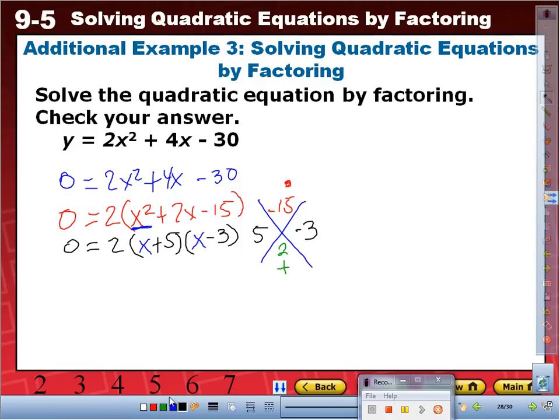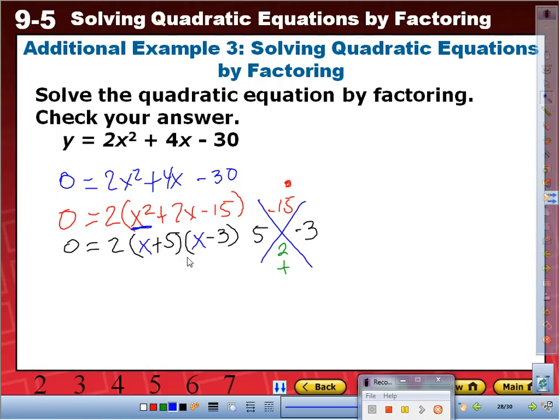Pass it to someone. Brianne? Okay, so tell me the step. Set each factor equal to 0.